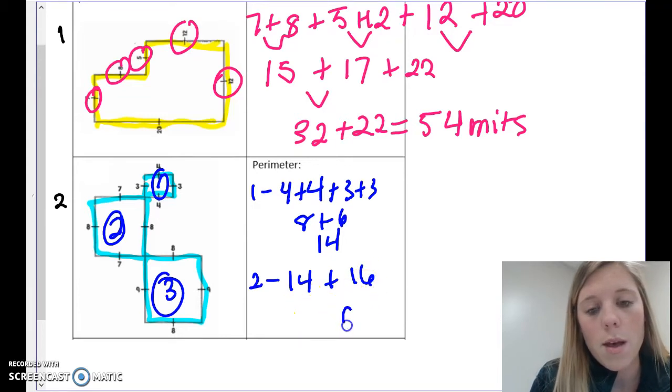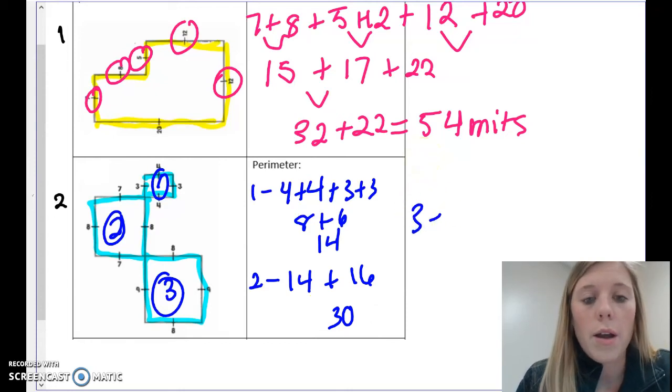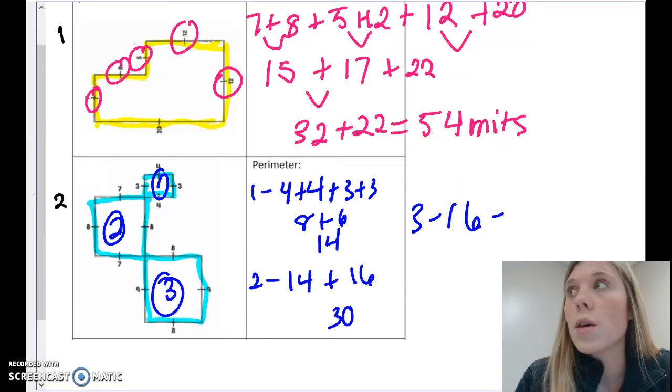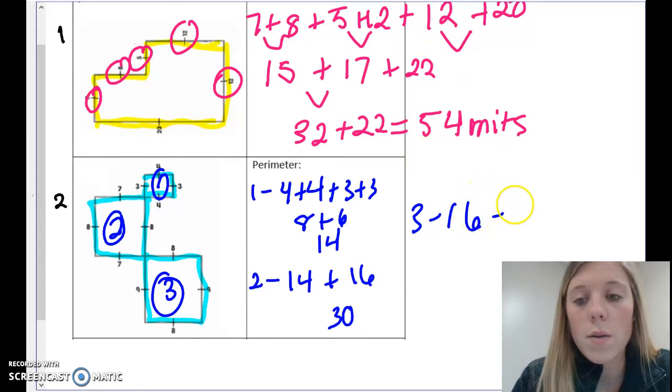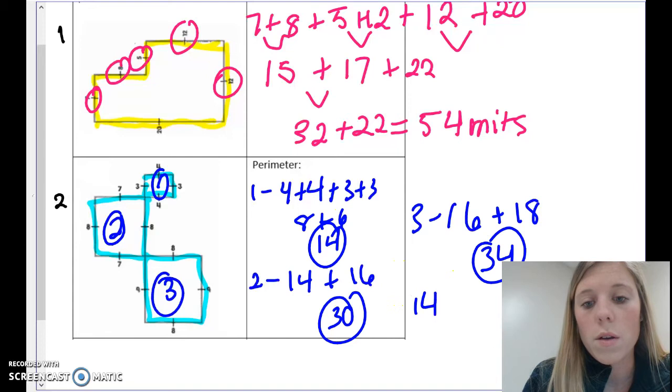Adding that up, that's 30 units. And then our third shape here, we have 2 sides of 8, which is 16, 2 sides of 9, which is 18, adding them up, 34. So that's 34 units. So now we need to add up 14, 30, and 34.